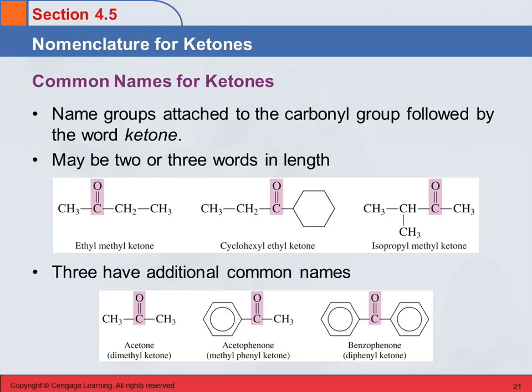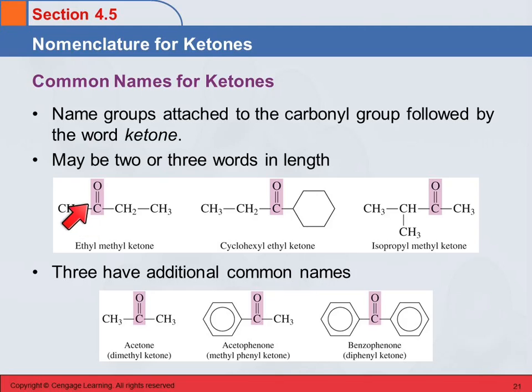Common names, of course. So for the ketones, these end up being a little bit like the ether names, where we name the groups attached to the carbonyl group. So looking at this one, there's the carbonyl group, makes it a ketone. What do we have attached to it? There's a methyl group here and an ethyl group there. So we name this ethyl methyl ketone in alphabetical order.